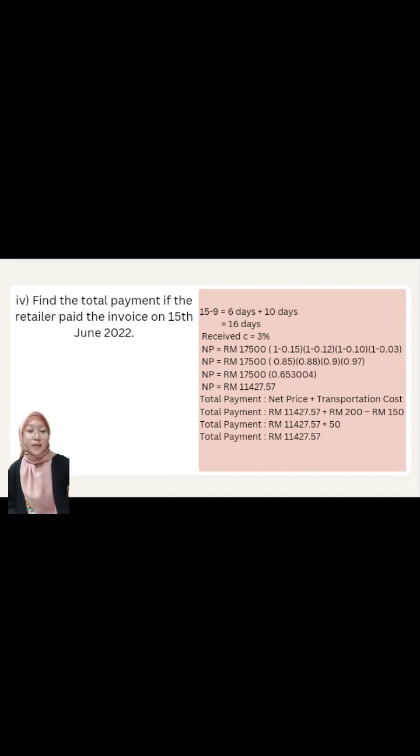The answer for the net price is 11,427.57 ringgit Malaysia.